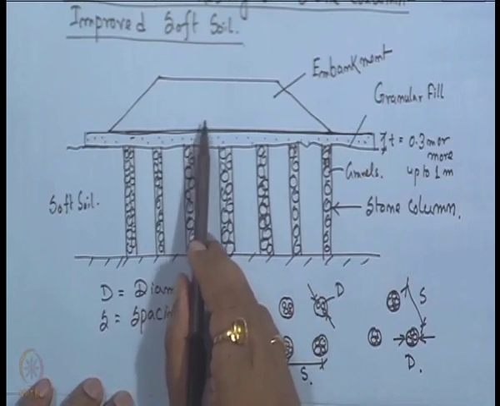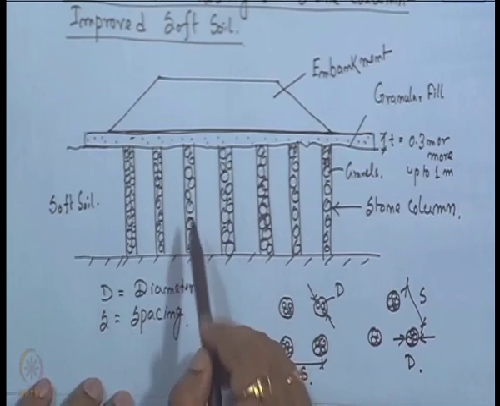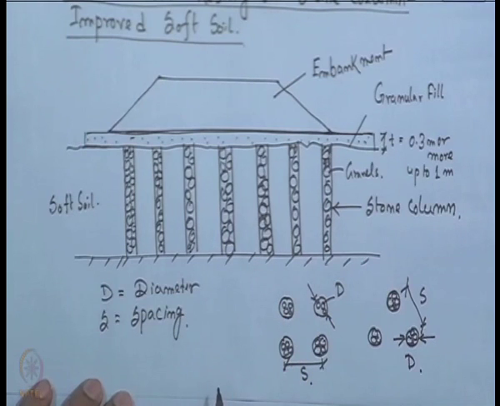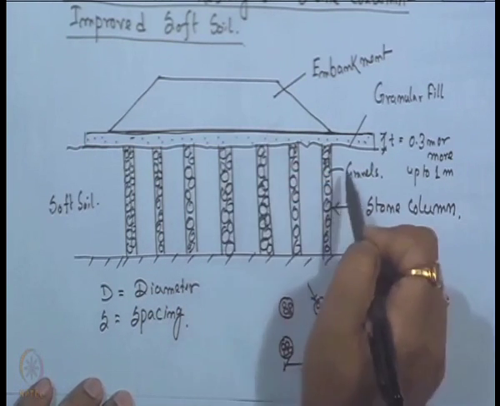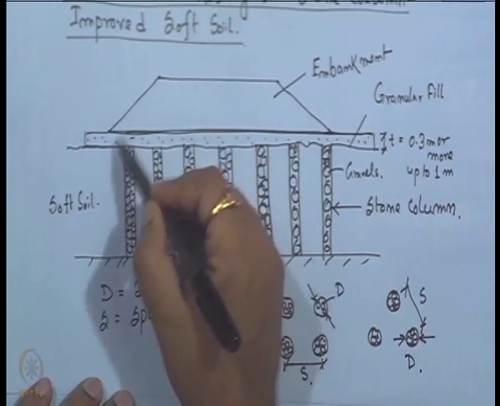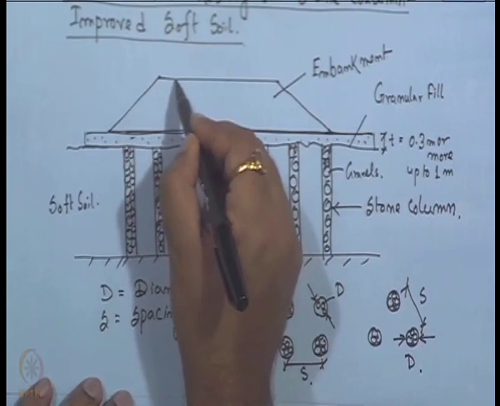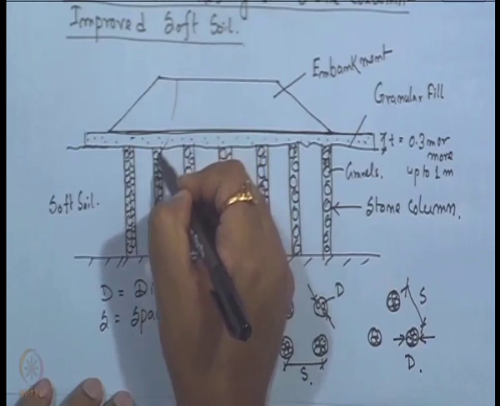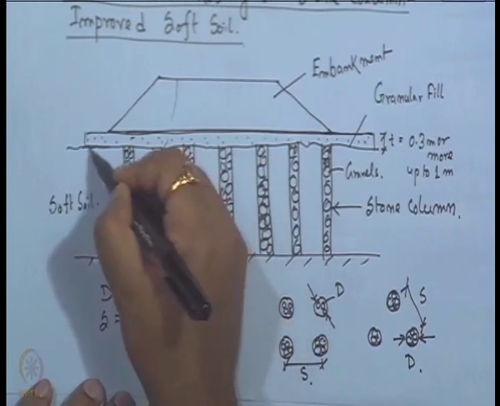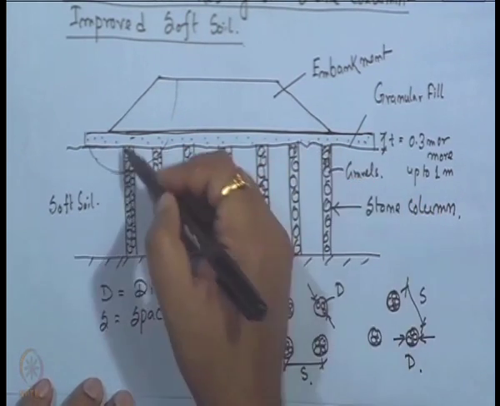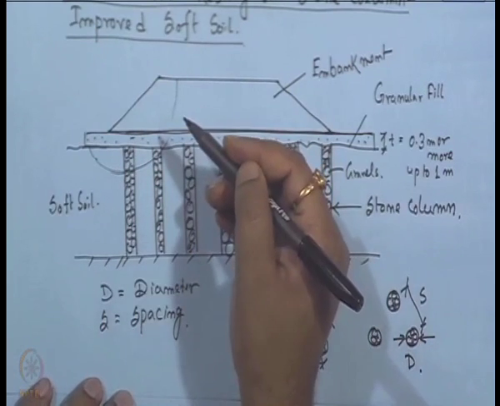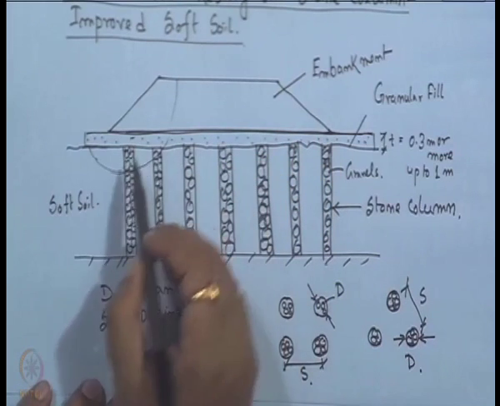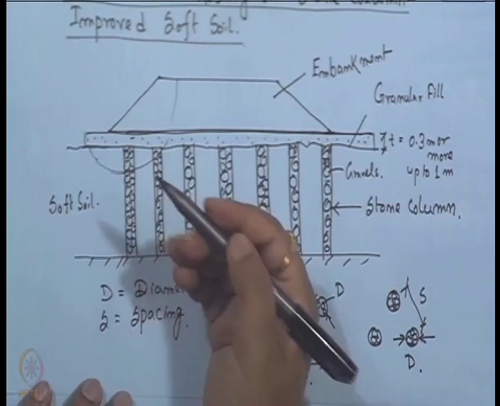Similarly, it will increase the bearing capacity of this embankment and reduce its settlement, and sometimes there is also a stability problem. If the embankment is not stable, and the slope line is passing through this soft soil zone, then if we install the stone column, the stability will also increase, because here we will get more strength.